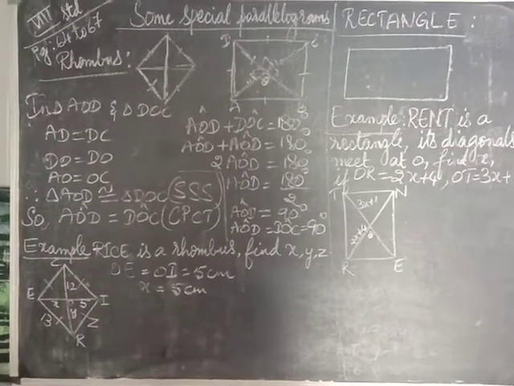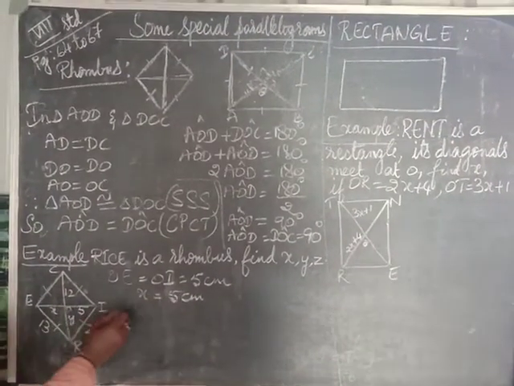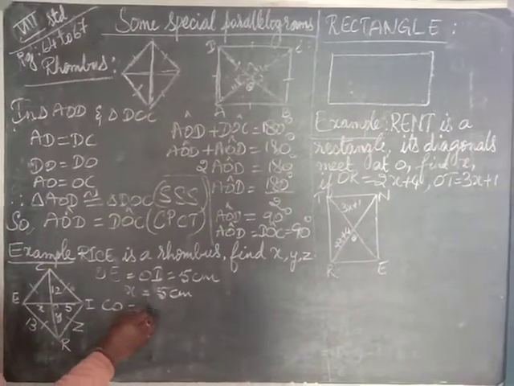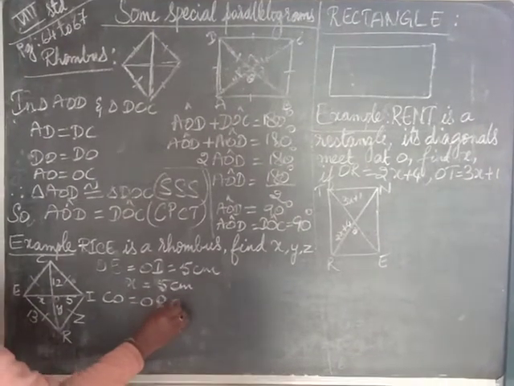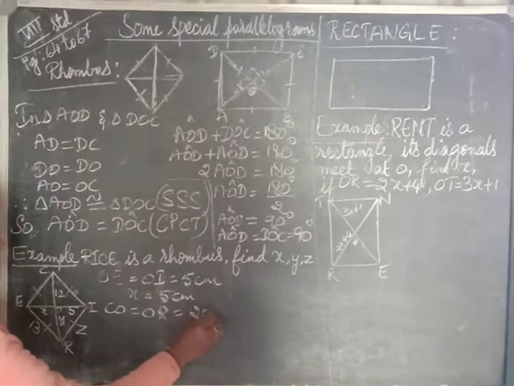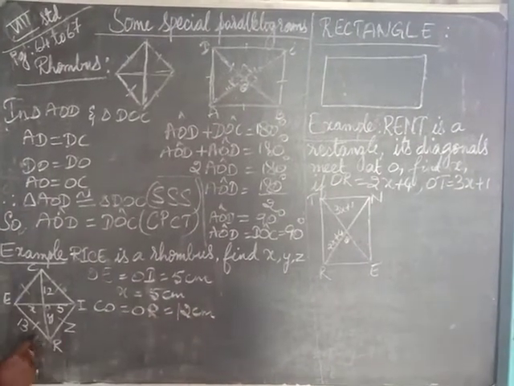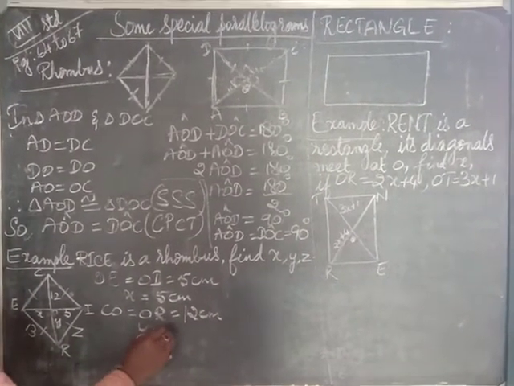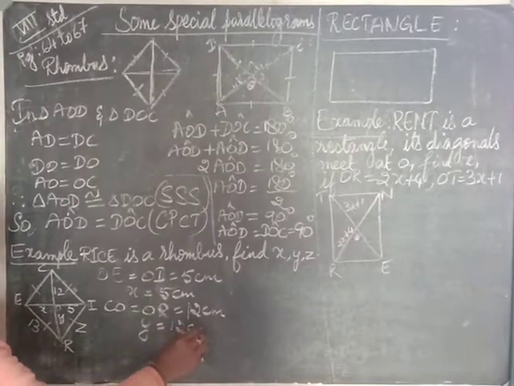Okay, now the next is CO is equal to OR is equal to how much? CO is 12 centimeter. So therefore you can say OR is what? Y is equal to 12 centimeter.